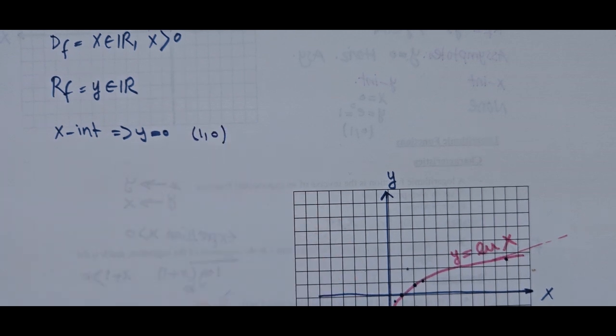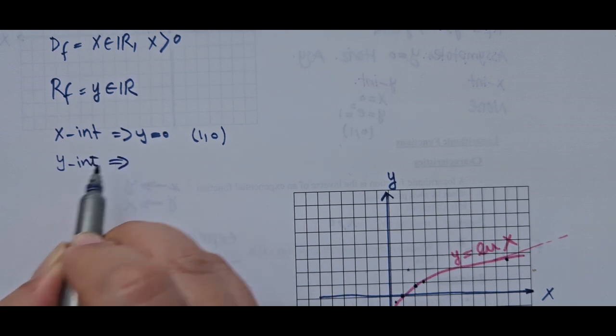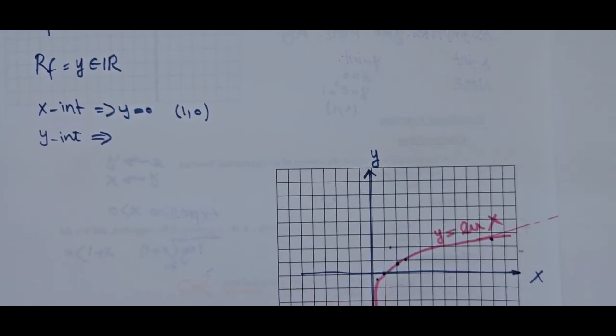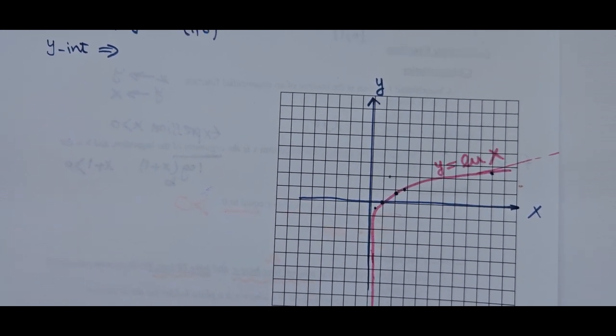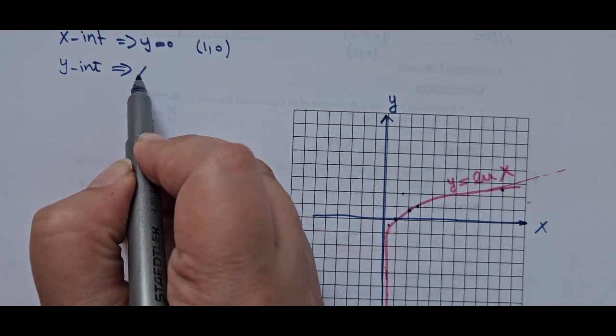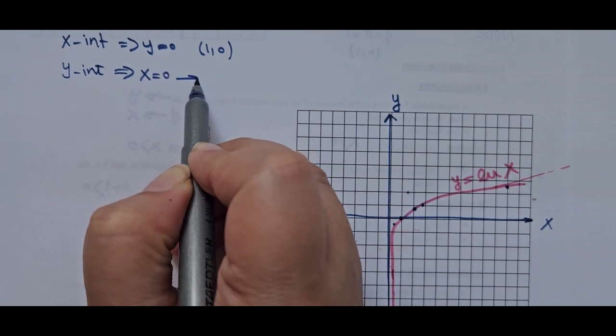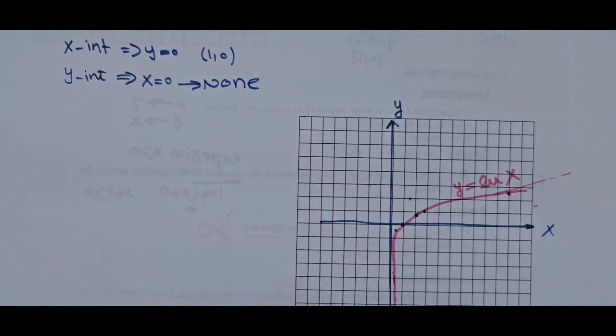So your x-intercept is at x equals 1. Now, what is your y-intercept? Is there any intersection with the y-axis? As you can see from the graph, there is none. By definition, the y-intercept is when x is equal to 0, but there is no y-intercept.